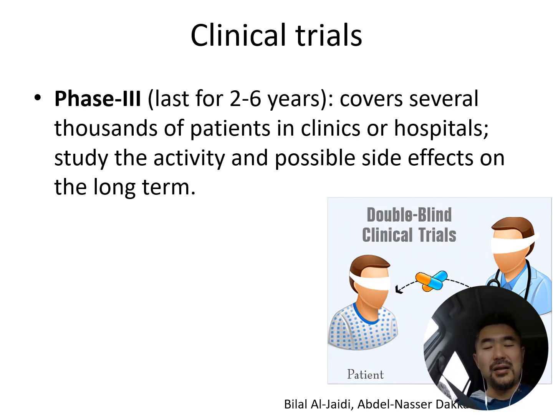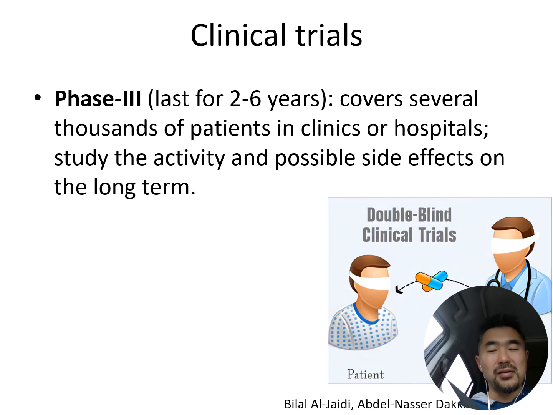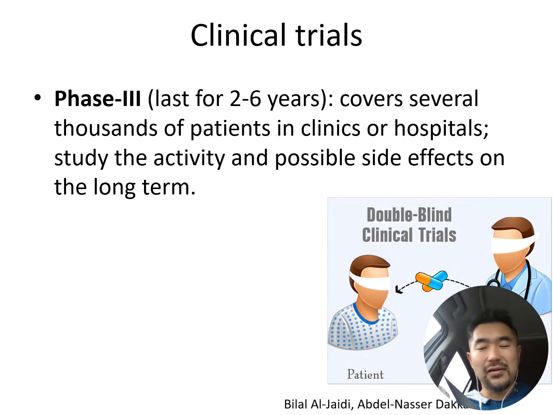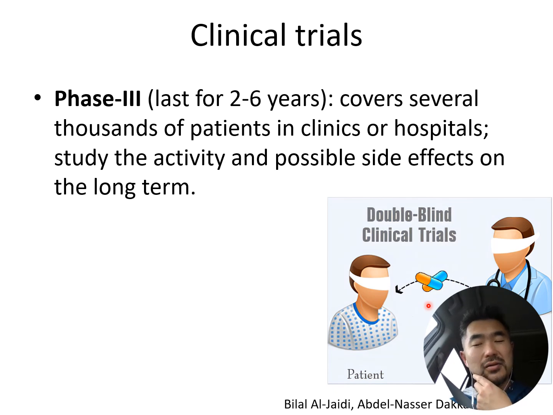Again, you look into efficacy in a more scientific manner, supposedly without too much bias, and you also look for longer-term side effects, because this phase typically lasts longer than phase 1 or 2.